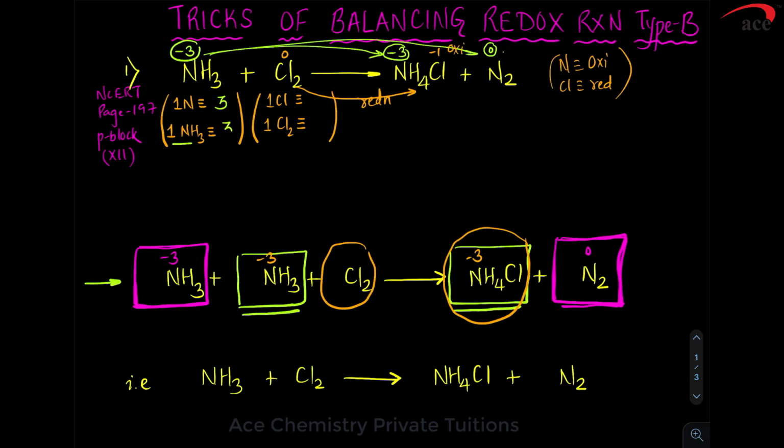We are looking at ammonia, which has only one nitrogen, so the change is 3 only. Chlorine is going from 0 to -1, so the change is by 1 for one chlorine. But we are looking at a chlorine molecule made up of 2 chlorine atoms, so the change is 2.